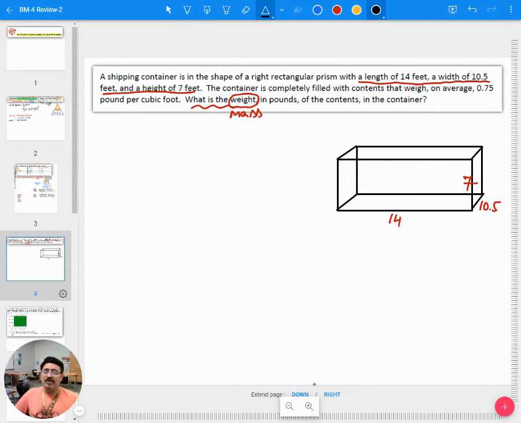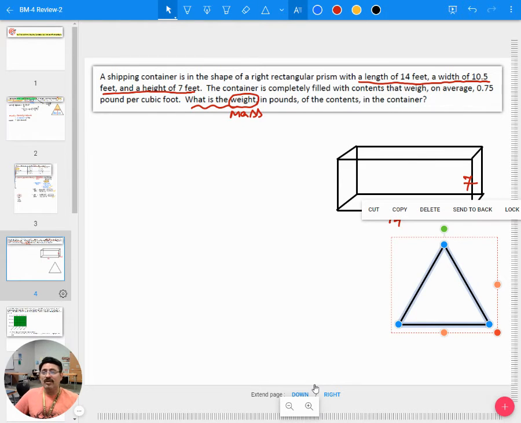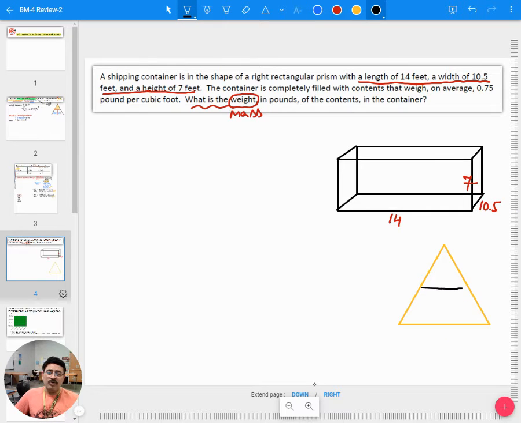Let me draw once again the magic triangle. In the magic triangle, you write the English alphabet T, and if you are finding density, the easy formula is density equals mass per volume. Other than density, if you are finding either mass or volume, I strongly recommend drawing this one.